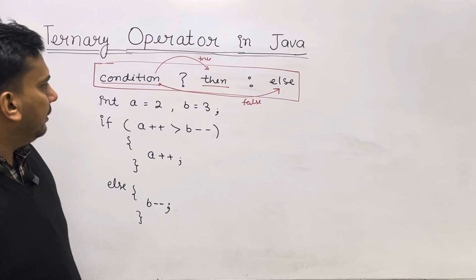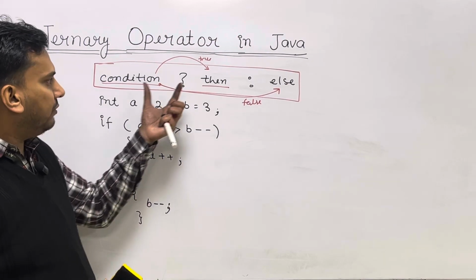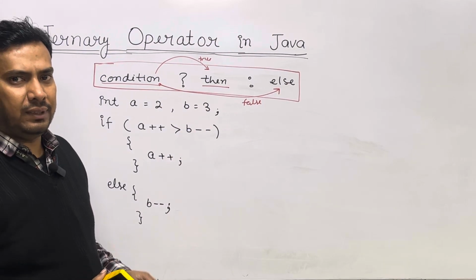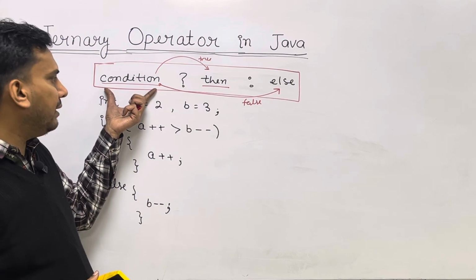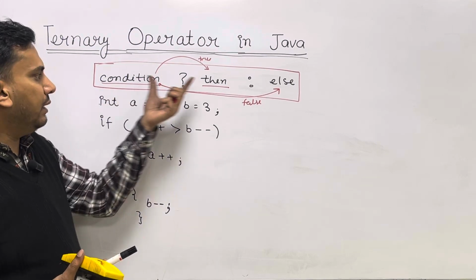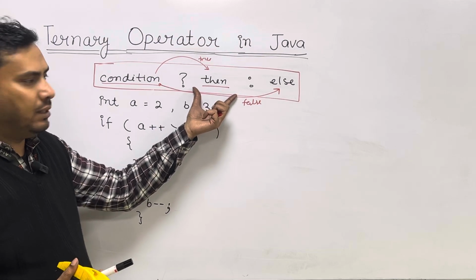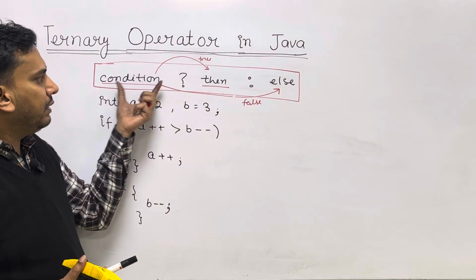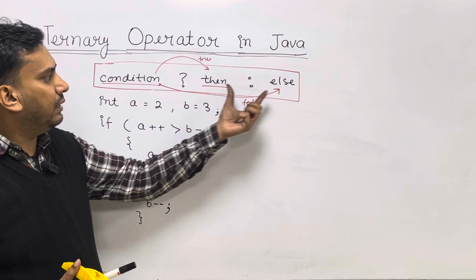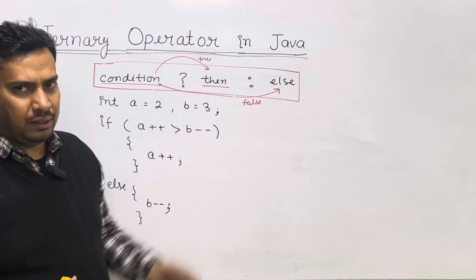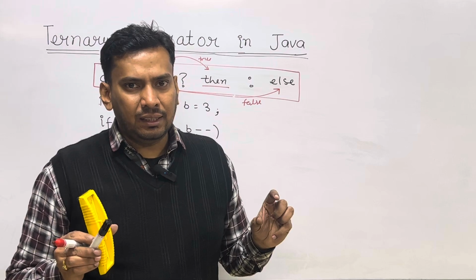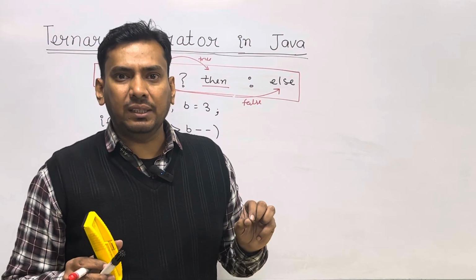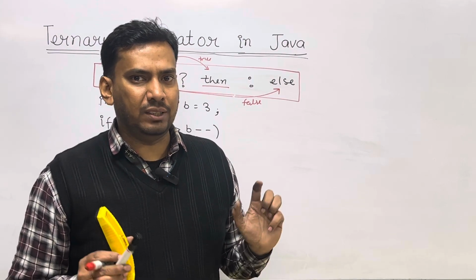This is the basic functionality of the if-then-else ternary operator. The condition is evaluated. If it is true, the second part is executed, but if it is false, the second part will not be executed and the third part will be executed. This is a precise syntax instead of writing a normal if-else statement.